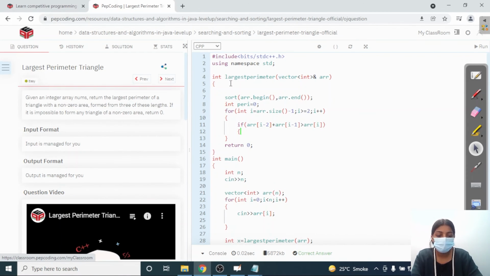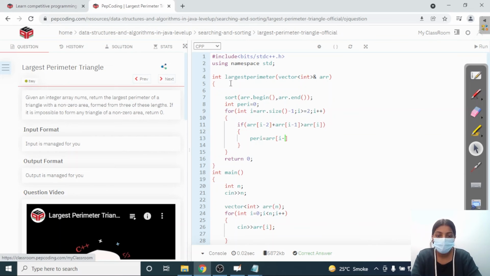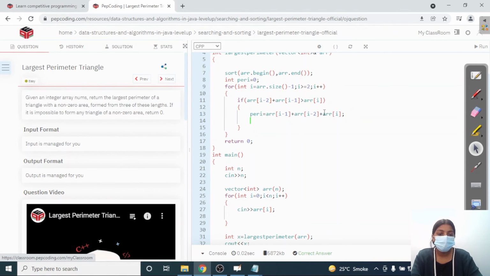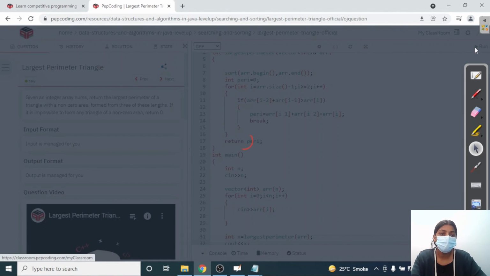And if it's greater, I will update my perimeter to arr of i minus 1 plus arr of i minus 2 plus arr of i, because the perimeter of my triangle is equal to the sum of all three sides. Then let's return my perimeter, and I'm going to break here because I have found my largest perimeter. I don't have to search to my left if I found my perimeter.